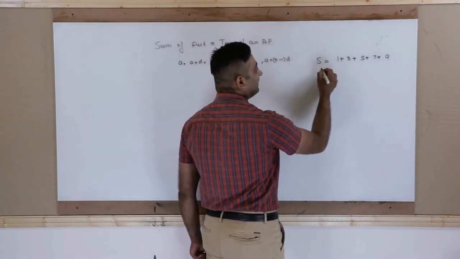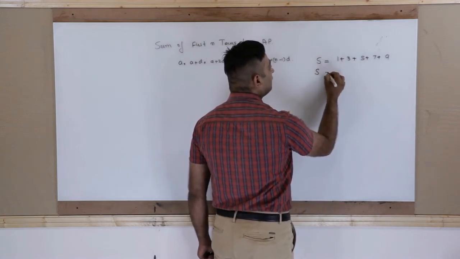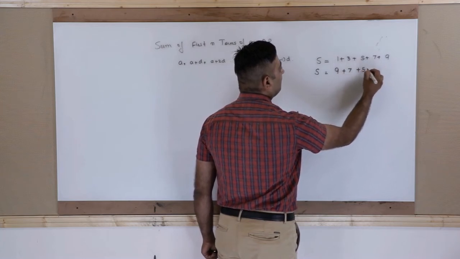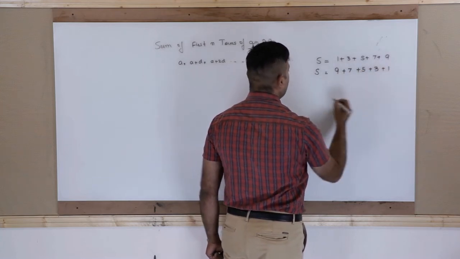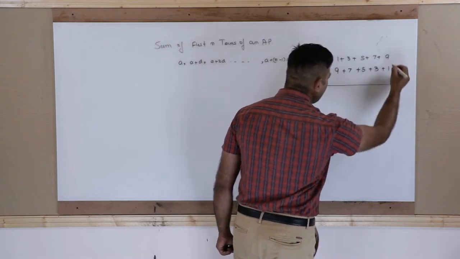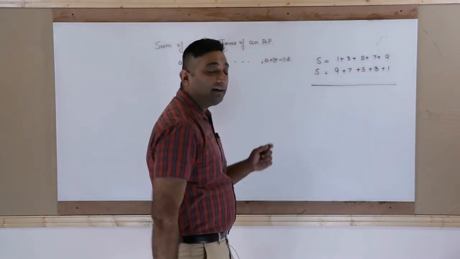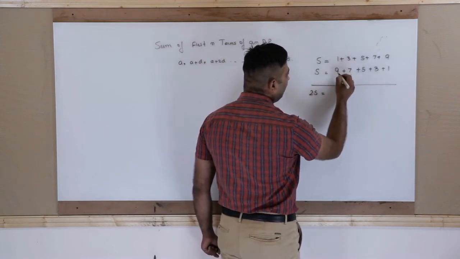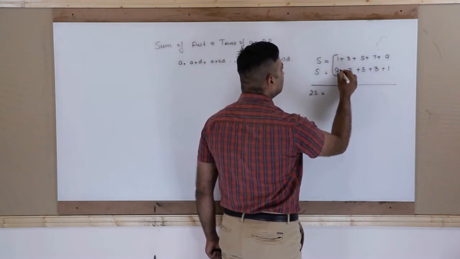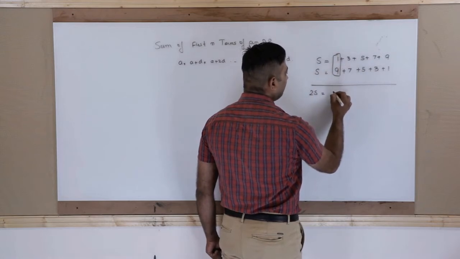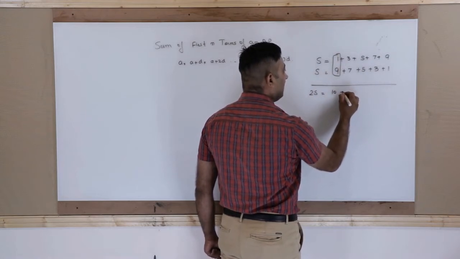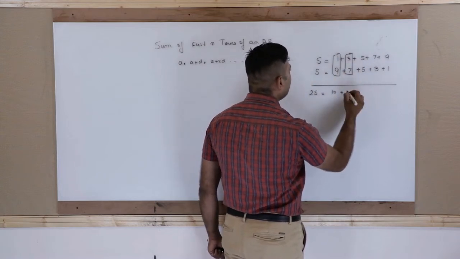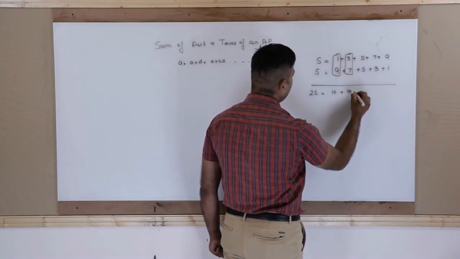Now writing these terms in the reverse order, we will write 9 plus 7 plus 5 plus 3 plus 1. When we add these two equations, we will find a very interesting fact that on the right hand side, when we add these terms, 1 plus 9, we will get 10. And when we add the second plus the second last term of the AP, that is 7 plus 3, we will also get 10.